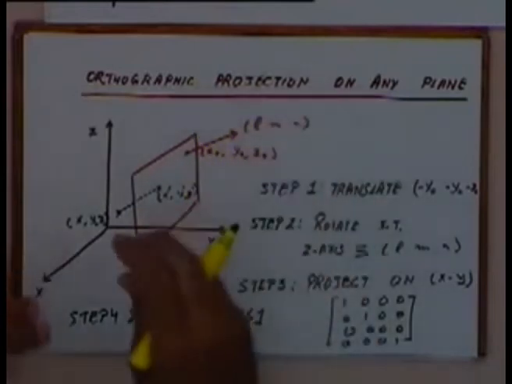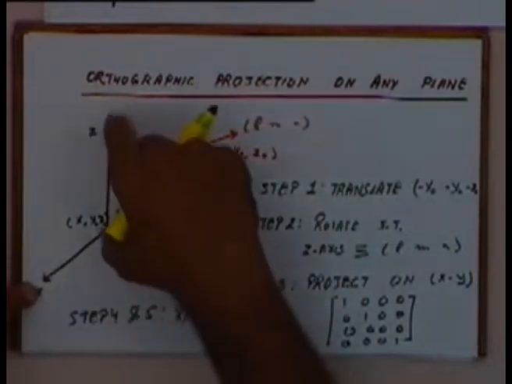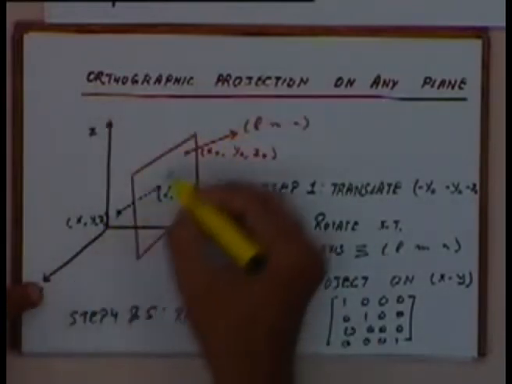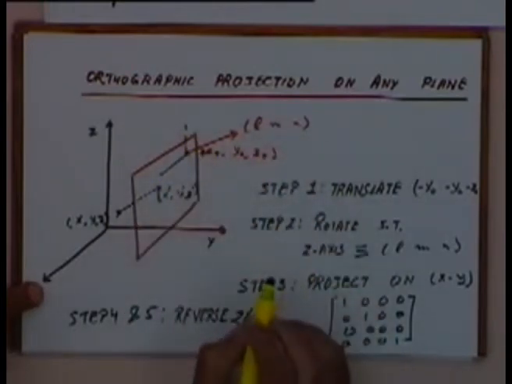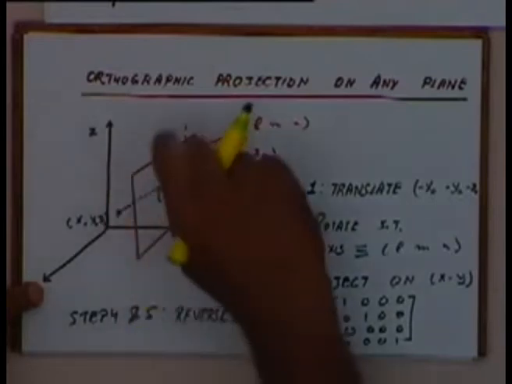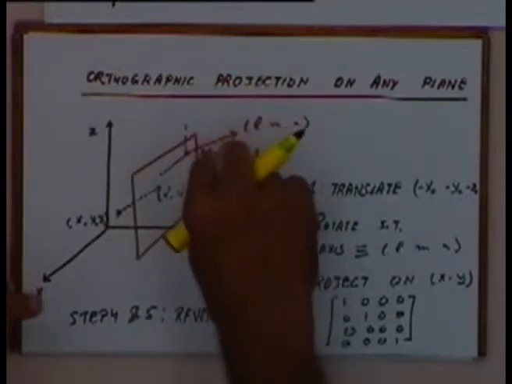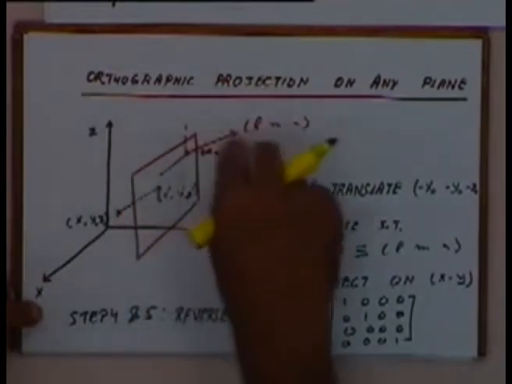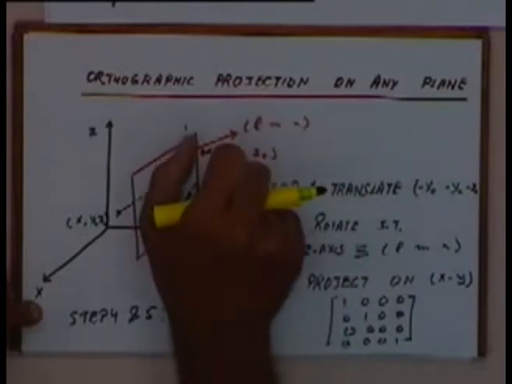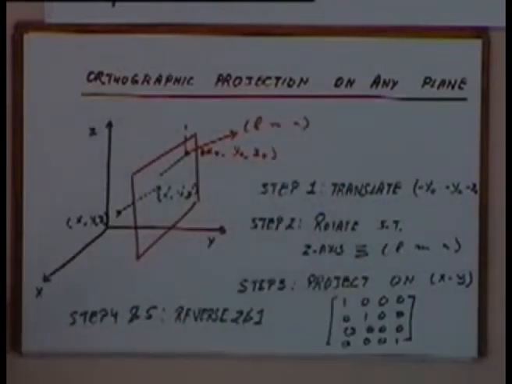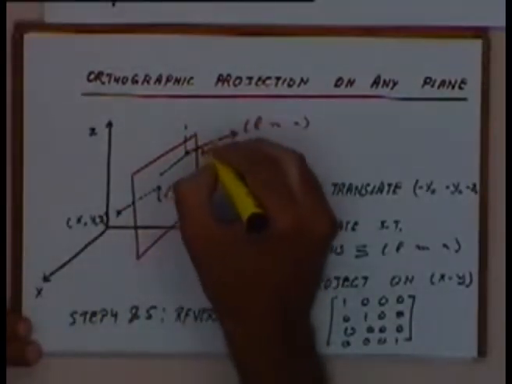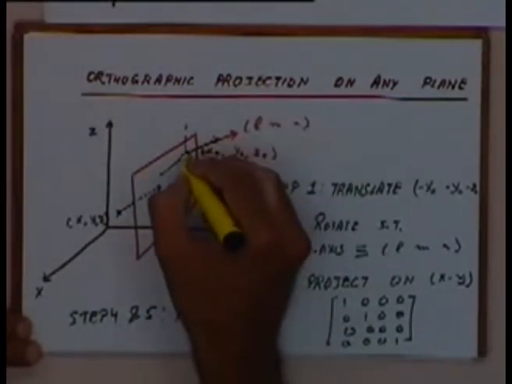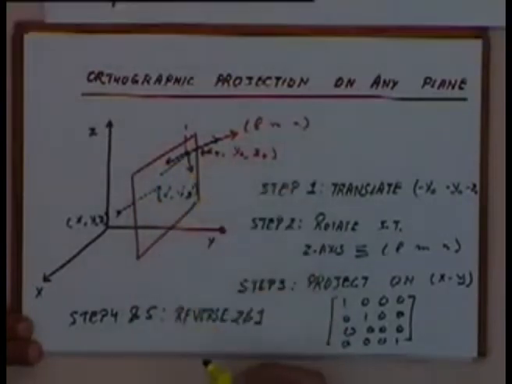So what we are doing is we are first translating the origin so that my axis would now look like this. Then I want to rotate my coordinates such that LMN coincides with the z axis. Once that happens, this is my z axis, and my x and y axis will probably look something like this.